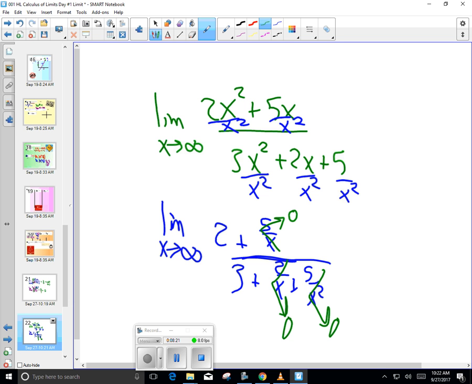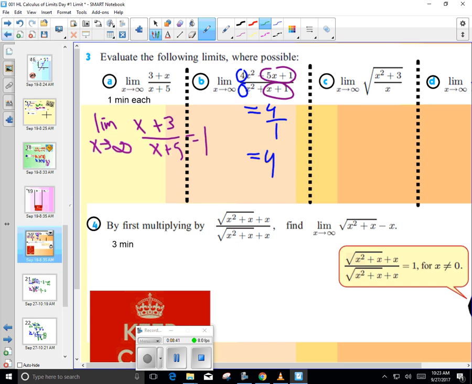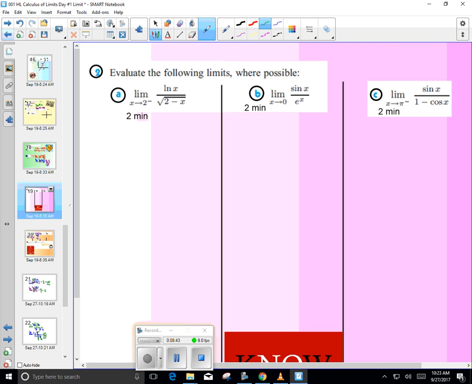So you're just left with 2 over 3. A fail-safe way of analyzing infinite limits for polynomials. Just looking at the coefficients is the other way, but this will work every time for every situation. Do you believe me that that's true? Yes. Then prove it.